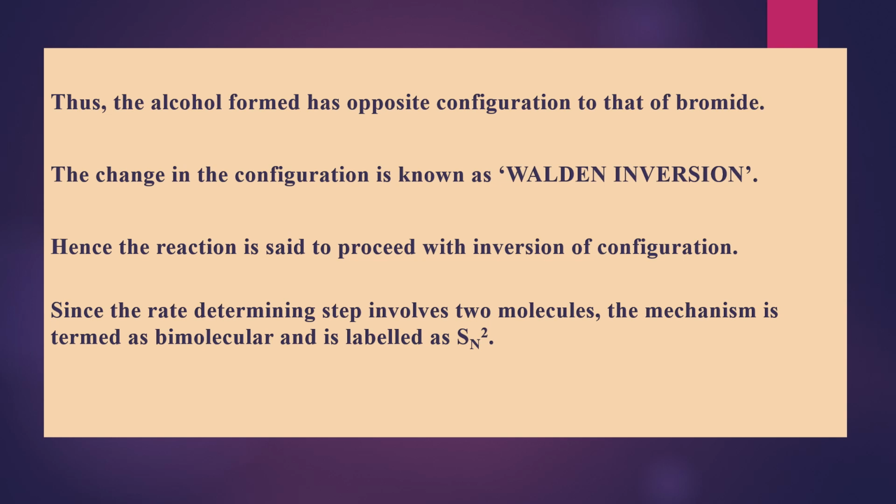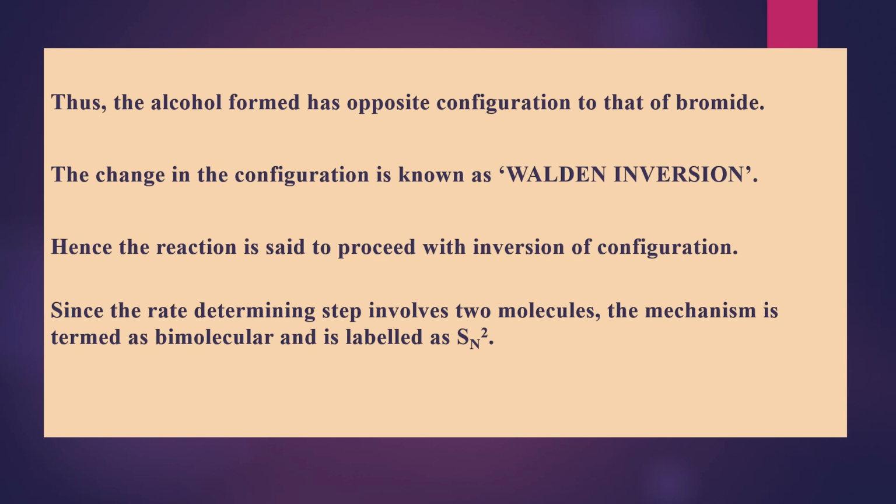Spelling: W-A-L-D-E-N, I-N-V-E-R-S-I-O-N. Why? Because the alcohol formed has the opposite configuration to that of methyl bromide. Okay, this change in configuration is called Walden inversion. Hence the reaction is said to proceed with inversion of configuration. There is no retention of configuration like in SN1 reactions, students.